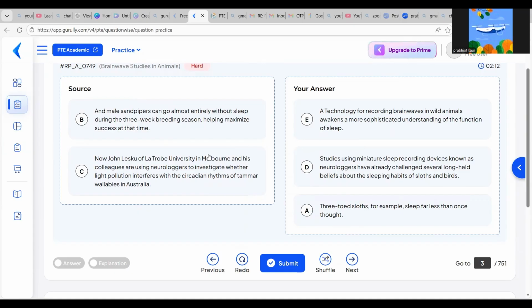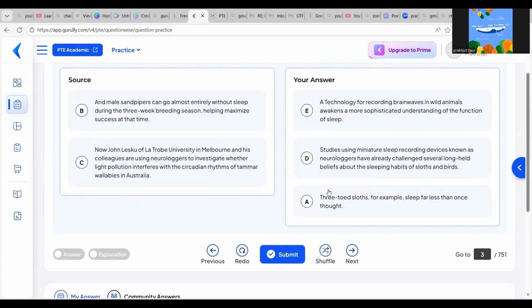Then, here are two, so we have to read both. "Can be almost entirely without sleep during a 3 week breeding season."